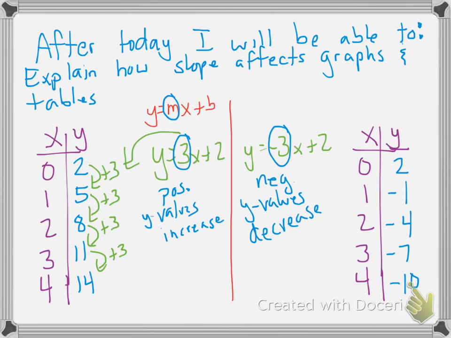Again, if you don't believe me, take these numbers, plug them into the equation, and that's what you get. Now when you look, I bet you can guess what this is going down by. It's a minus 3 every time.